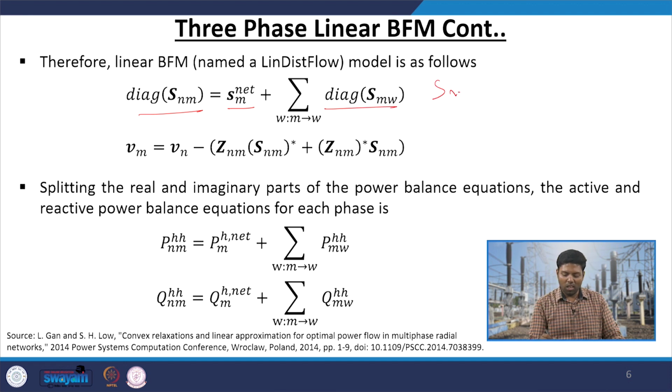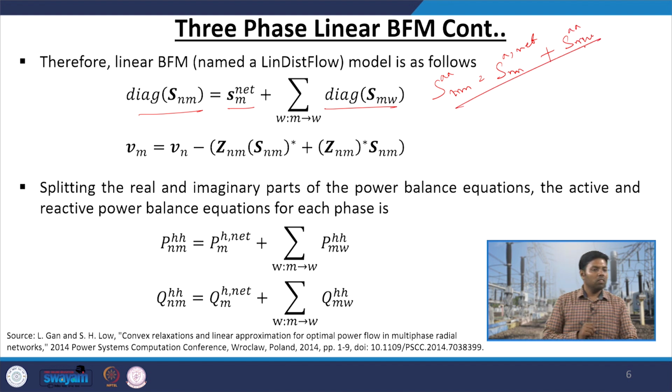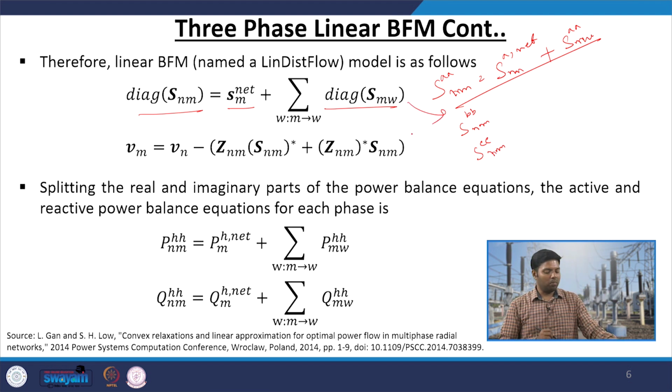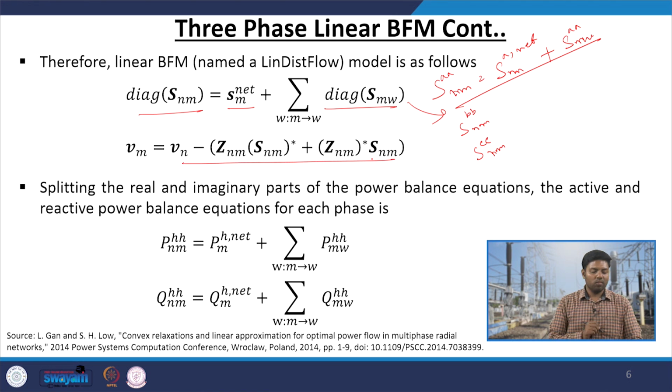That means you can write it as a phase net plus your S_mw A. Similarly, you can write it for BB, you can write it for CC. Okay. This is your diagonal element, and voltage also you can write like this.